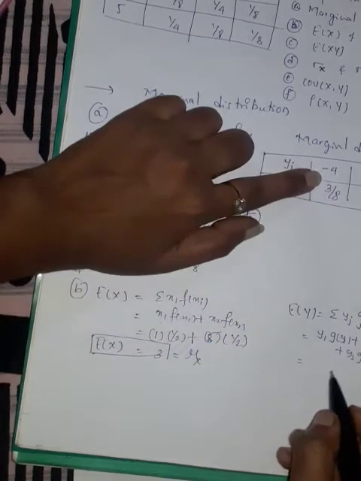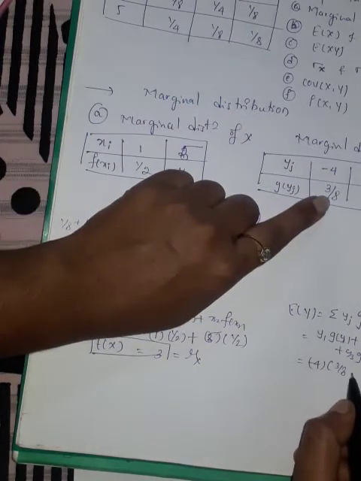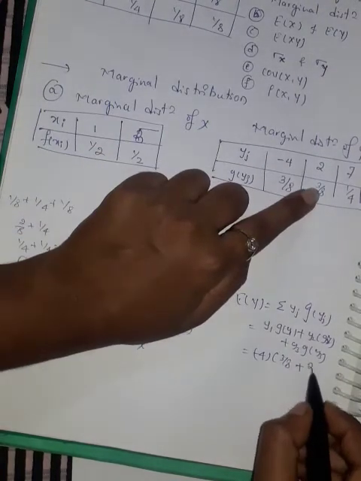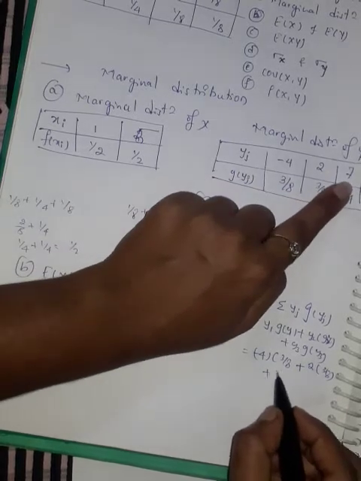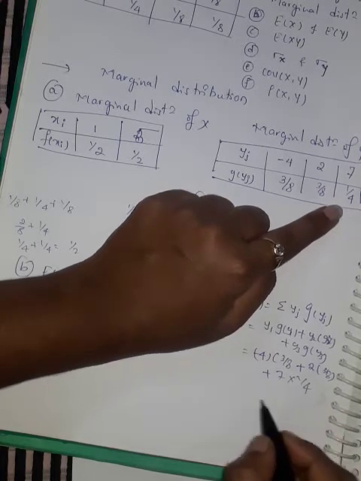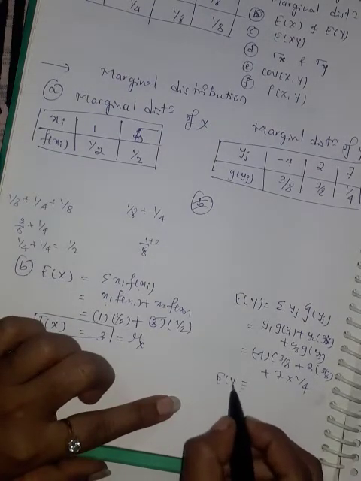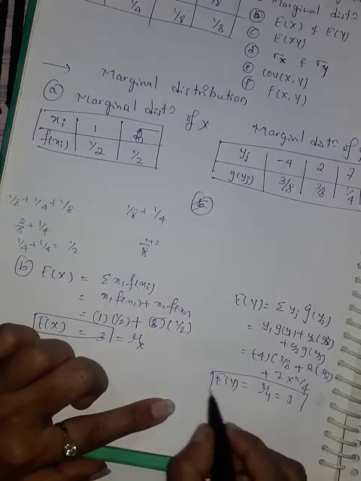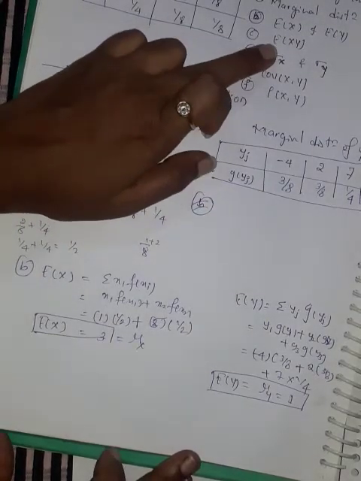Our y1 here is -4, g of y1 is 3 by 8, plus y2 is 2, g of y2 is 3 by 8, plus y3 is 7, g of y3 is 1 by 4. If you simplify this, you will get expectation of y, that is mu y, as 1. This is our expectation of y or mu y. So next, what did they ask to find? Expectation of x into y.